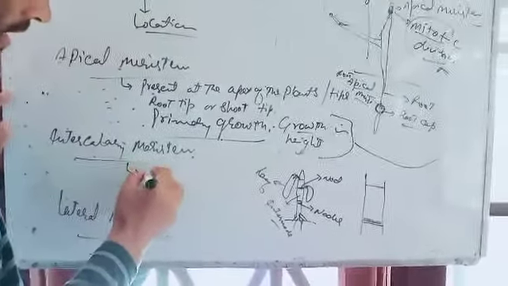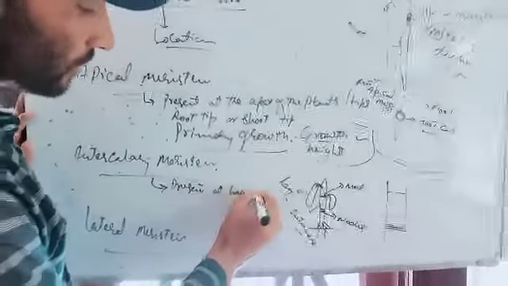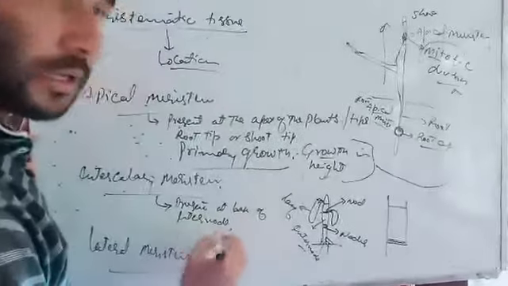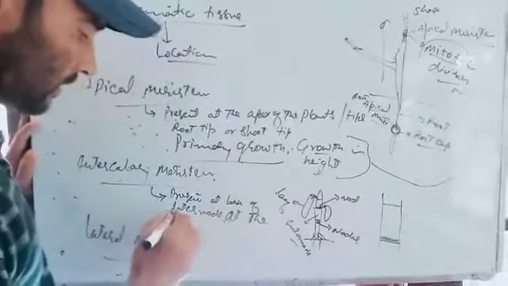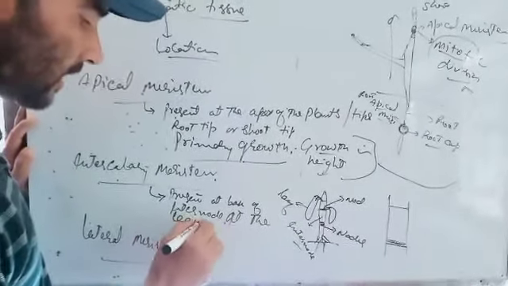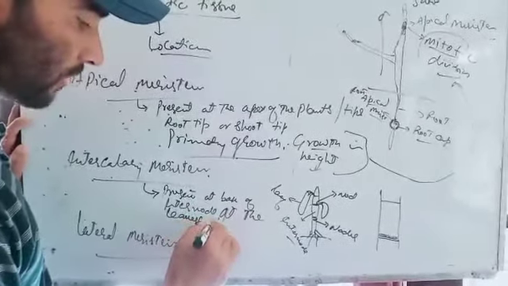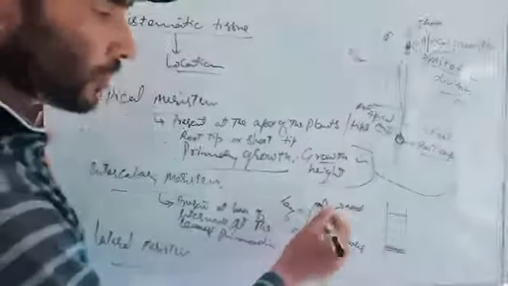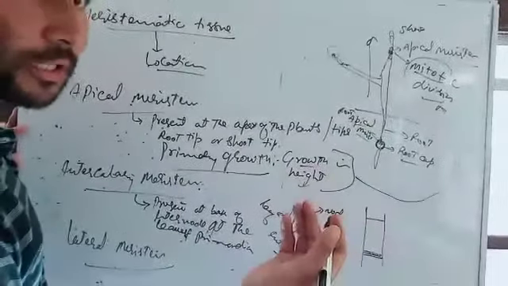What is the function of the intercalary meristem? It is present at the base of the internode, and it is present in the leaves, at the leaf primordia. Leaf primordia means the region from where the leaf originates.